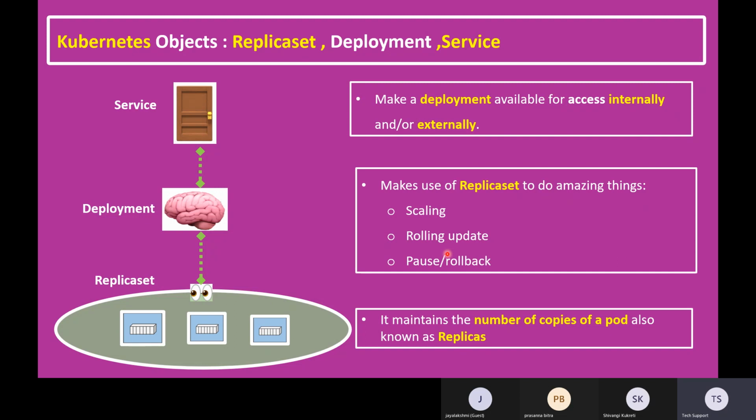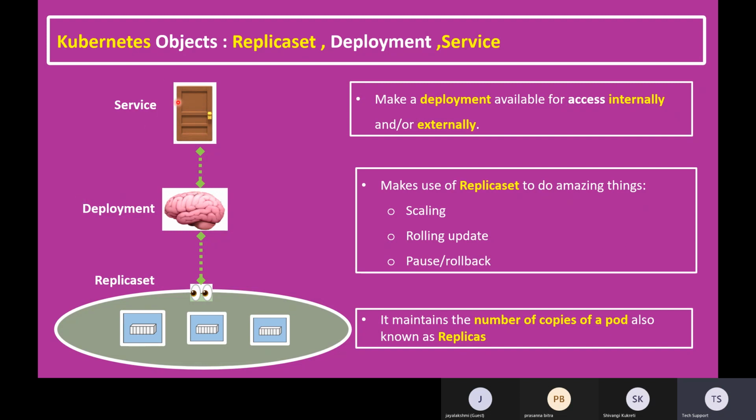Rolling update means installing the latest patch, and if you want to roll back to the previous patch, all that brain functionality is taken care of by the deployment process. Okay, so that is called deployment. The Kubernetes deployment makes use of replicas only. While one replica is in production, the other replicas take care of scaling, rolling update, and also rollback. All these functionalities are handled by the deployment process.